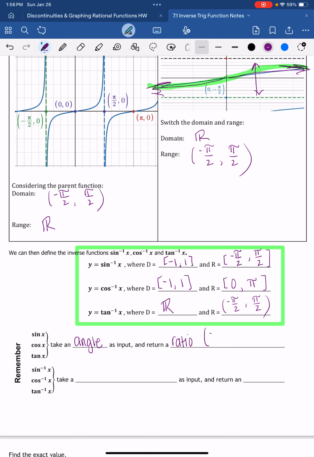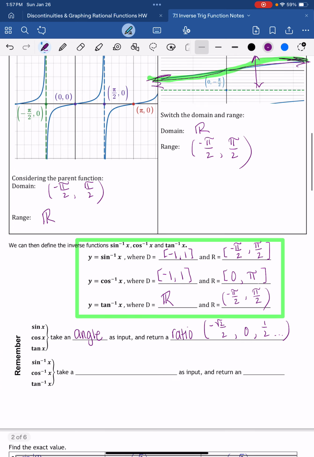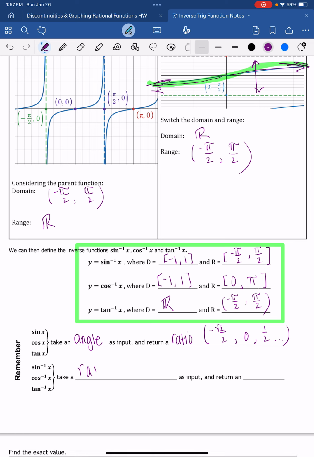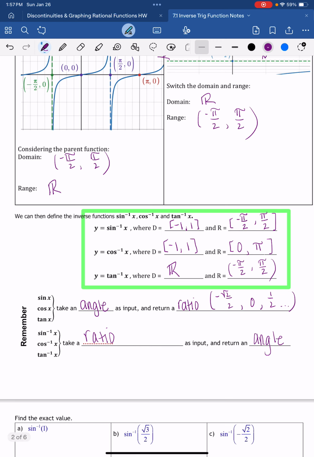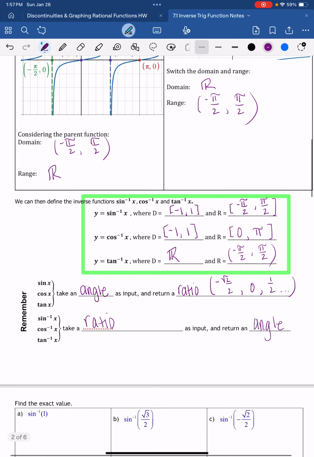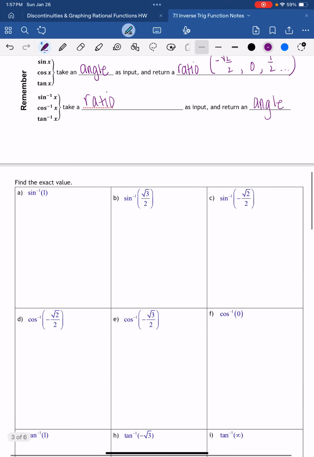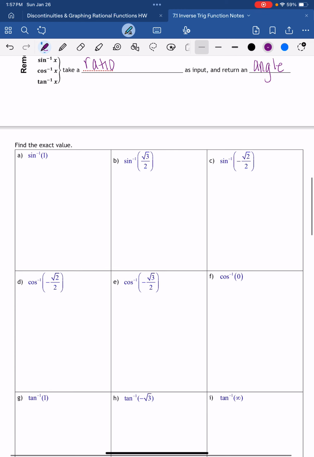So for example, -√2 over 2, 0, 1/2, etc. And then for inverse, we're going to take the ratio and output an angle. It's all about knowing your unit circle. Okay, so we're going to do this next set of problems here, and we'll do the rest during the week.